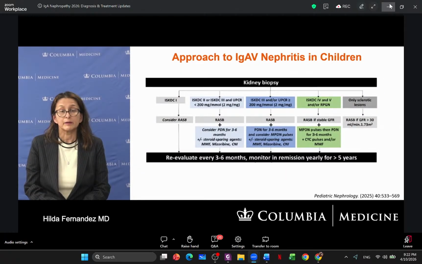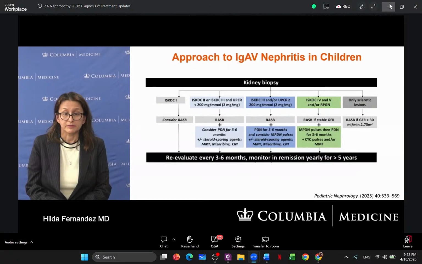Again, the kidney biopsy is based on the ISKDC score, and you can see that this is driven by the crescentic component. RAS inhibition is first line, and then oral steroids, and certainly for the more severe cases, we would consider not only steroids but potentially cyclophosphamide. Then we continue to reevaluate every 3 to 6 months, hopefully with remission for greater than 5 years.